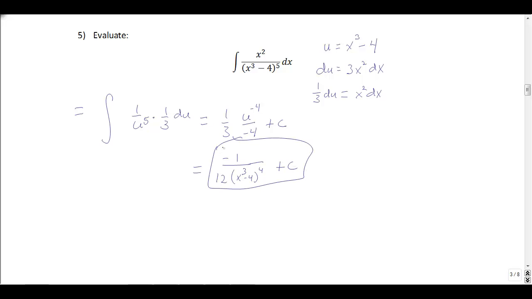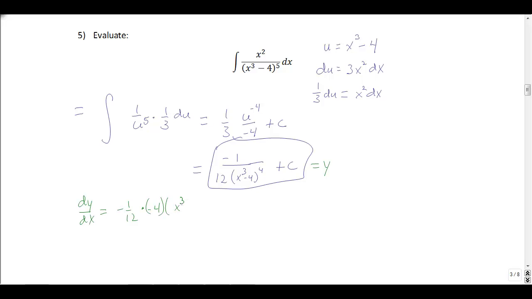So there's my answer. I can check that again by taking its derivative and seeing if I get x squared over (x cubed minus 4) to the 5th, the thing I started with. So if I let this be y, note it doesn't matter what c is to figure out dy/dx because the derivative of a constant is 0. So I'm going to get a negative 1/12 times (x cubed minus 4) to the negative 4. So I get a negative 4.